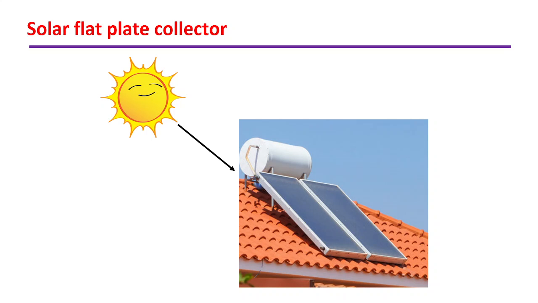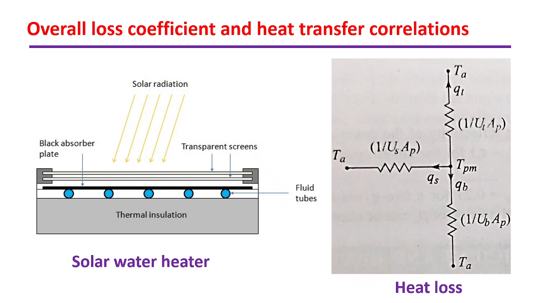So we are talking about the solar flat plate collector, correct? In the last lecture we read about the structure of a solar water heater as an example. There is an absorber plate, conduits carrying fluid, and thermal insulation at the bottom.